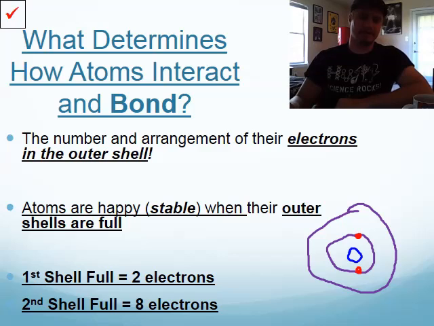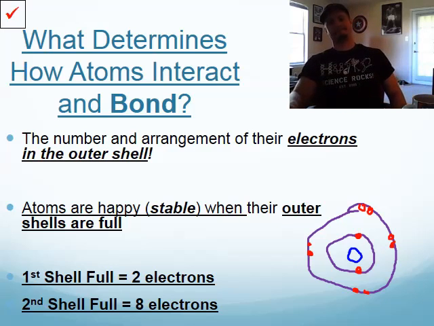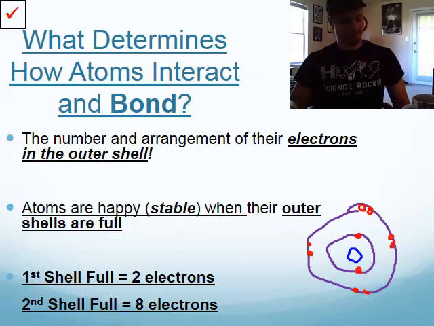In the second shell, we can hold up to 8: 1, 2, 3, 4, 5, 6, 7, and 8. I'm not gonna lie to you, I do not like drawing with a mouse because it looks like a 4th grader did it.